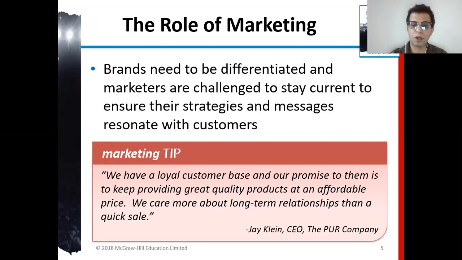So one of the marketing tips: we have loyal customers based on our promises to them, which is to keep providing a great quality product at an affordable price. We care more about long-term relationships than a quick sale. That's what the CEO is indicating. But in general, keep in mind that when a customer is paying for your service or your product, he must feel that he is winning.